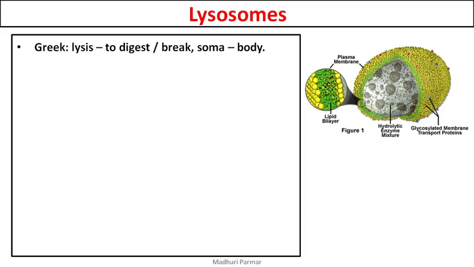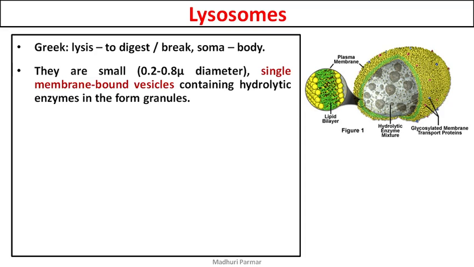So these are small bodies which can digest or break something. How small? 0.2 to 0.8 micron in diameter. So if this is a lysosome and you calculate the diameter, it would be 0.2 to 0.8 micron. So they vary in size.